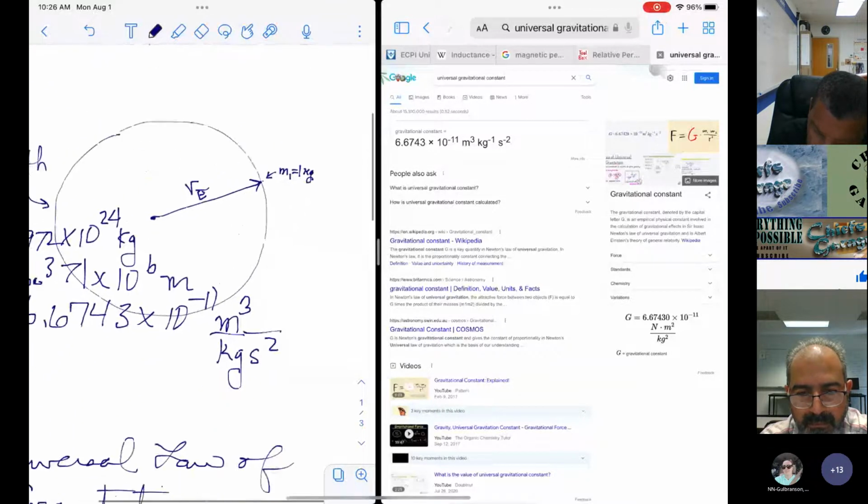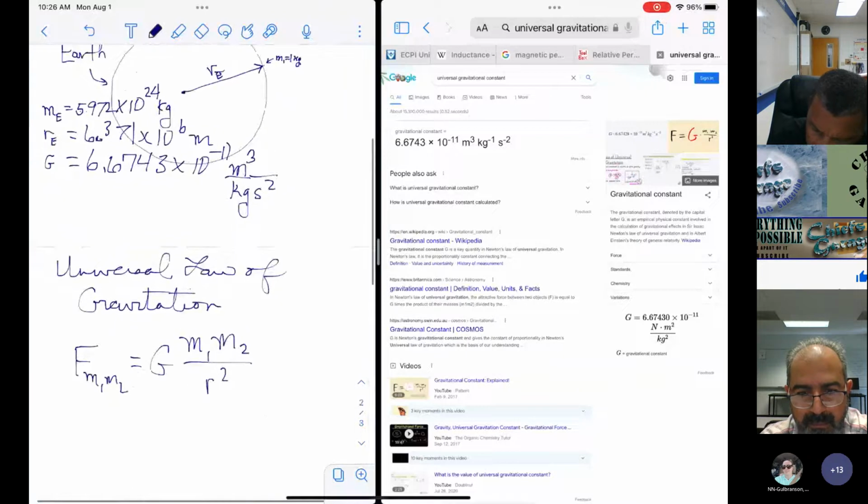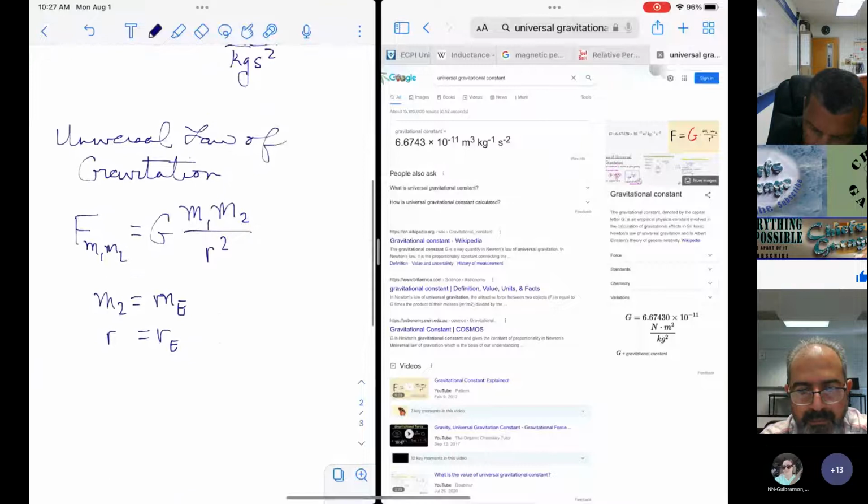Okay. And so we're going to let m2 equal m_E, which is the mass of the Earth, and we're going to let the radius equal the radius of the Earth. We're going to neglect the radius of the particle because it's so much smaller. So we'll end up with, let's just call this F_g equals capital G times one kilogram.